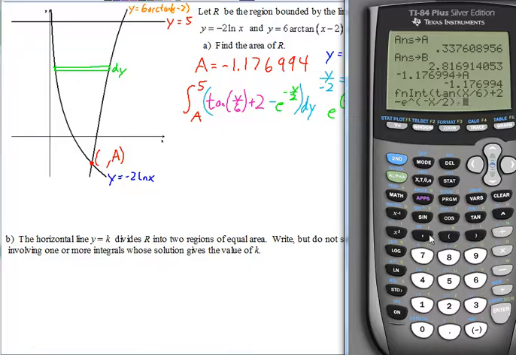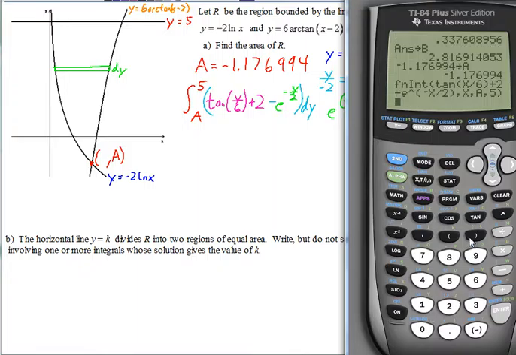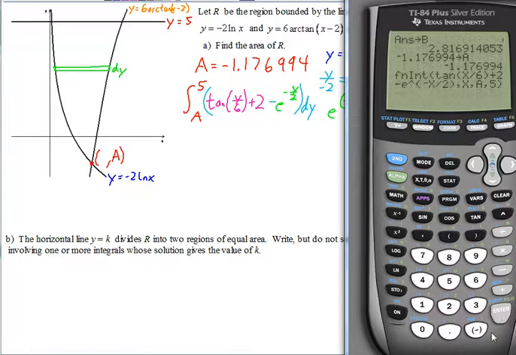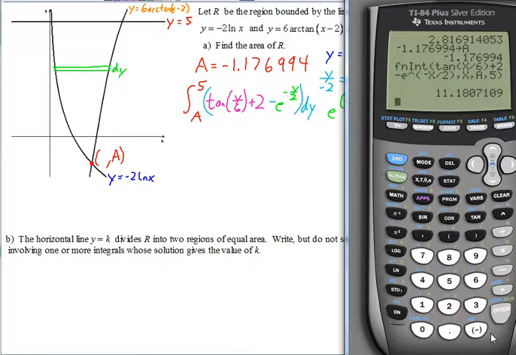And then comma, x is the, or in this case y is the variable, and then lower limit alpha A, upper limit 5. So we get 11.180 or 11.181. I'll just write out the whole thing there. 11.81807109.